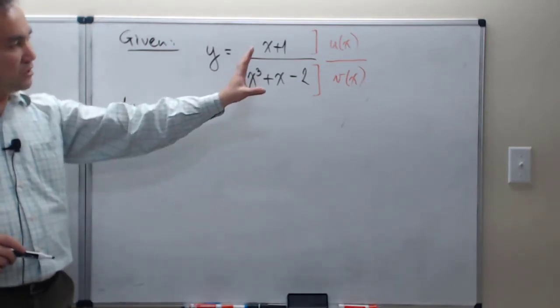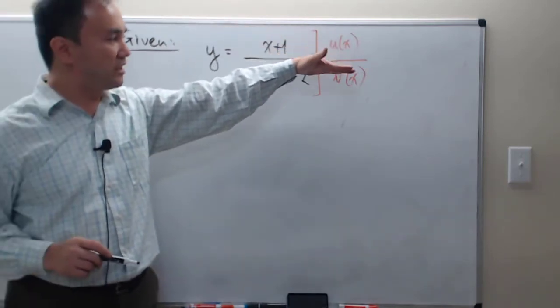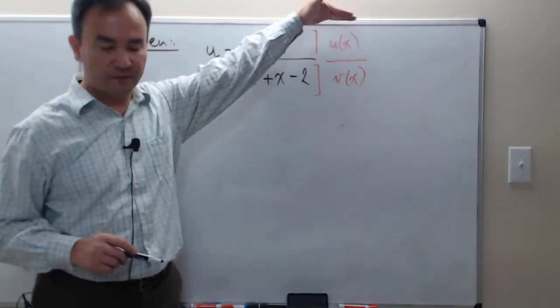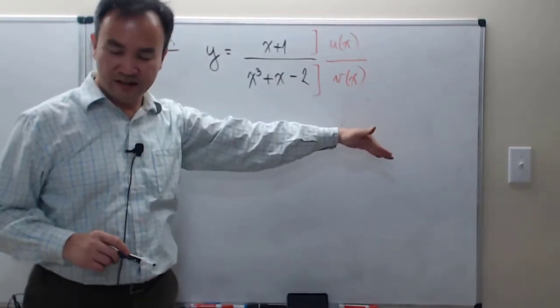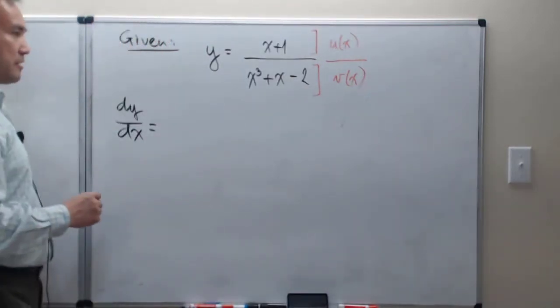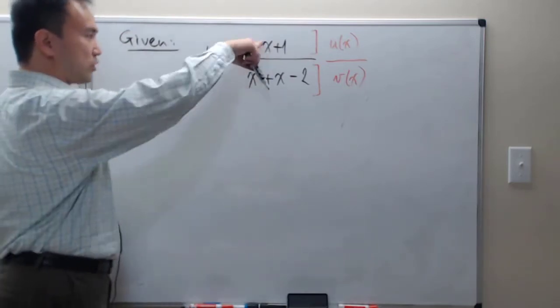But now, when we switch to this rule that deals with a quotient, it is strictly important that we start by finding the derivative of the top function first, then move our way down to the denominator. So u prime must be found first.